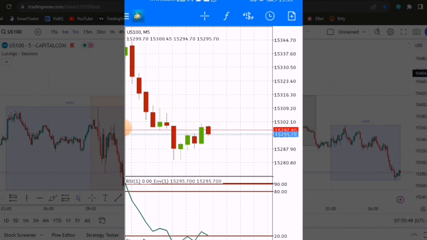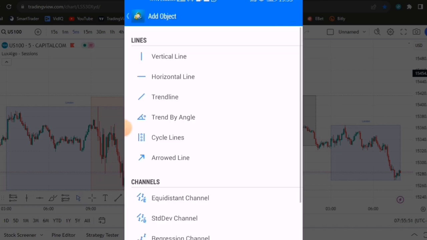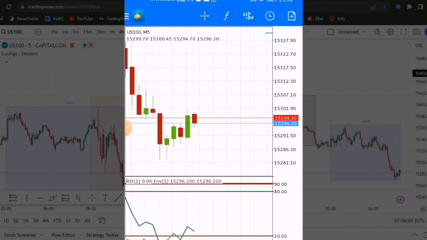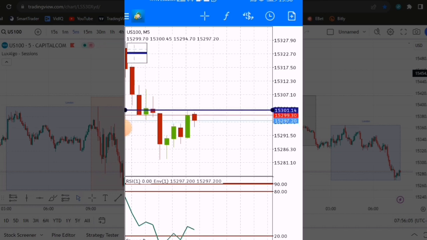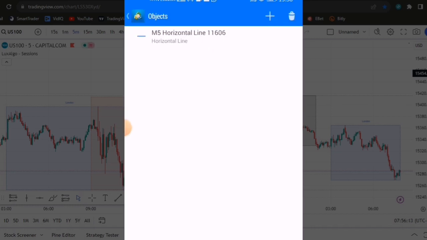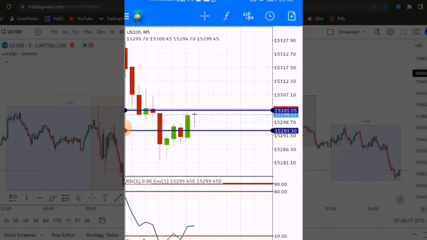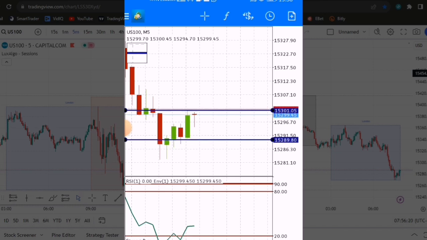What you need to do is come to shapes, and then you have to select that horizontal line. So I'll select that horizontal line and then I put it above that green candle. Remember, we're focusing on that candle at 5 past, and then go to shapes again, click that plus sign and set another horizontal line just below that candle.